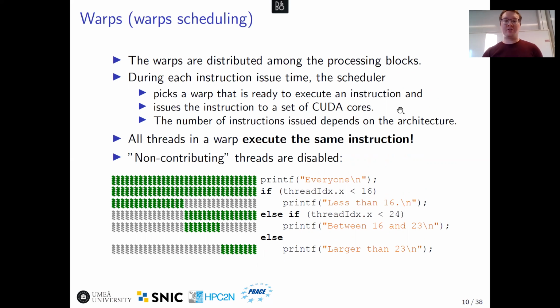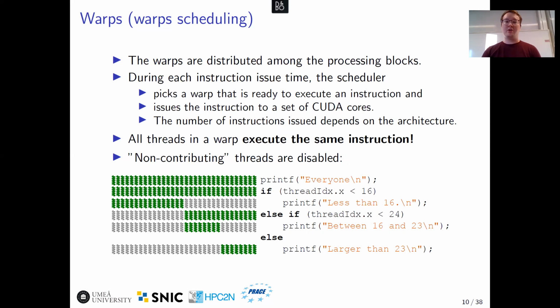Every time the scheduler is ready to issue an instruction, it is going to select one warp. So not one thread; it is going to select an entire warp, select an instruction for it, and then issue it to a set of CUDA cores. The number of instructions that will be issued in a given cycle depends on the architecture.